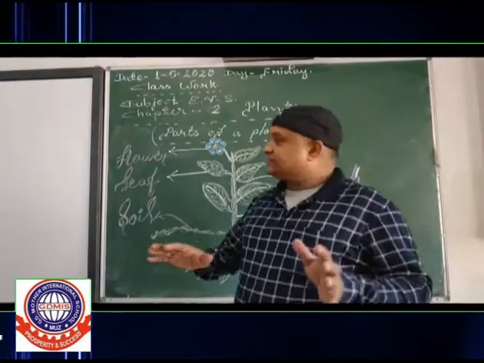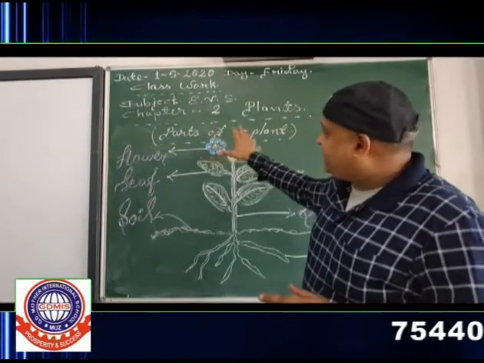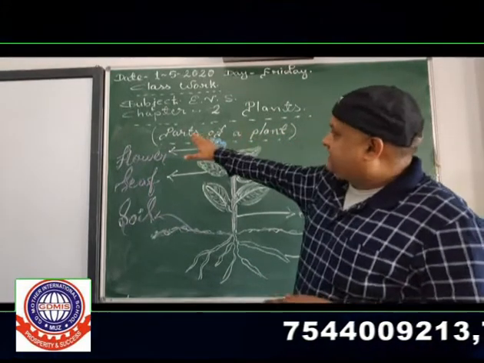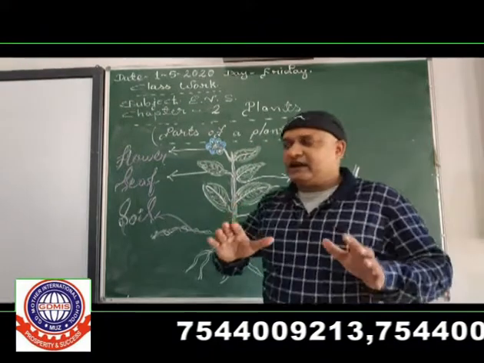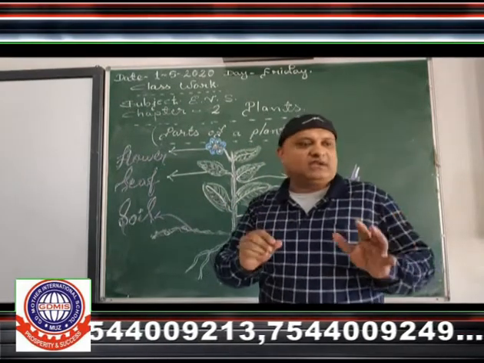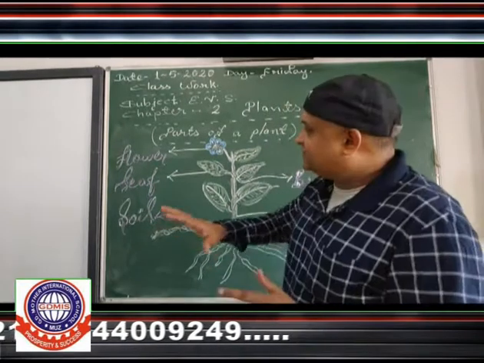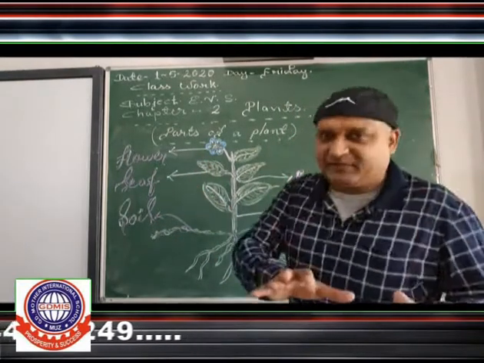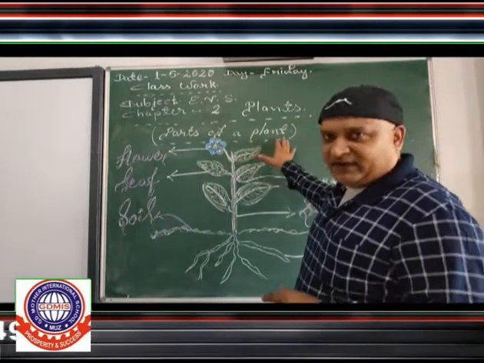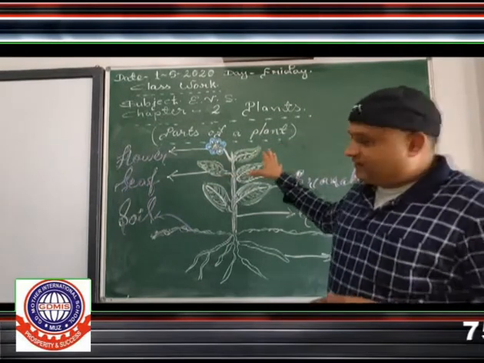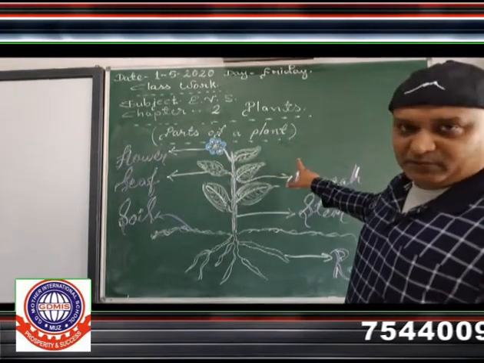Okay, now students, I have drawn a diagram on the board for you, parts of a plant. Earlier I have discussed it with you, and it is also given in your textbook. Just to explain so that you understand better, I have done it on the board for you. Just see the diagram drawn on the board.